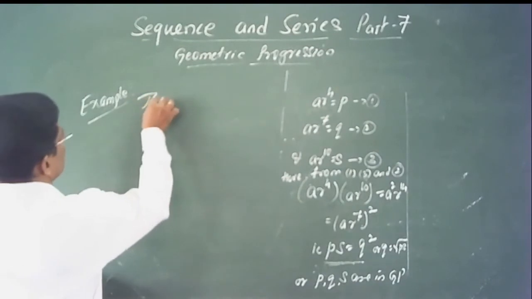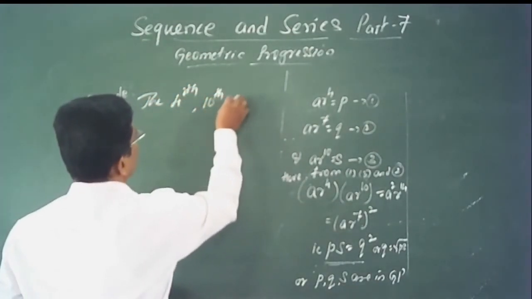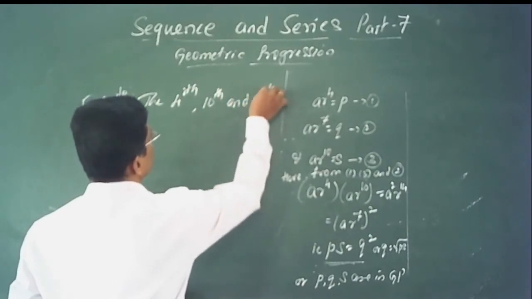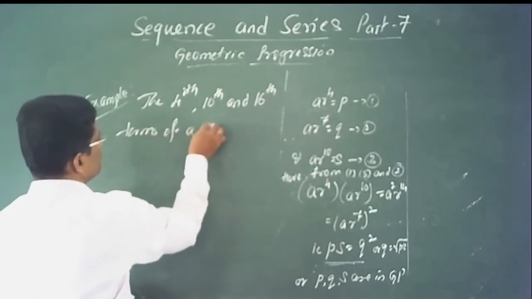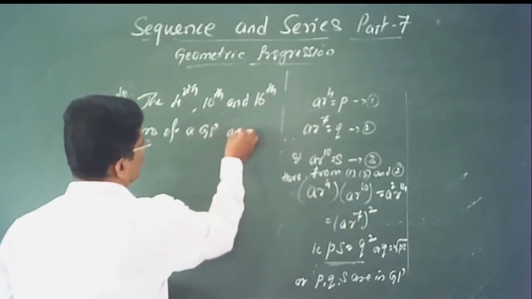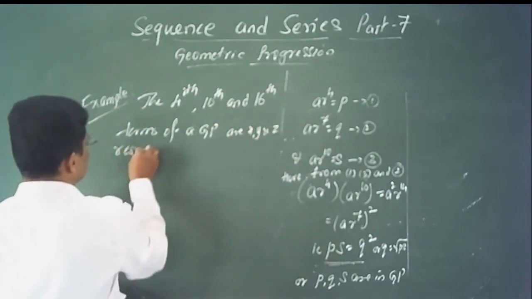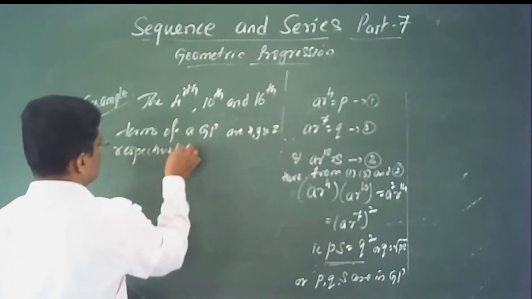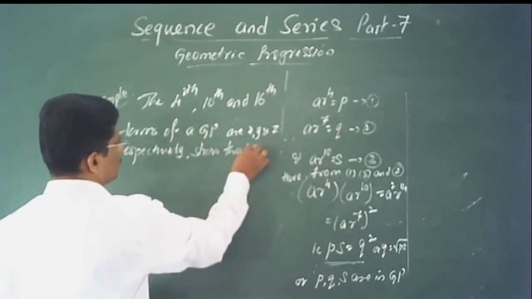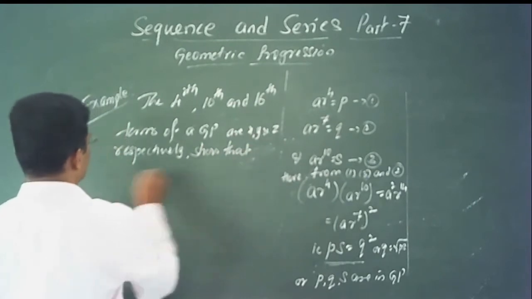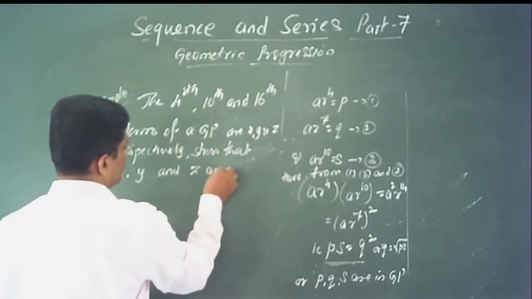Similar type questions. The 4th, 10th and 16th terms of a GP are x, y and z respectively. Then show that x, y and z are in GP.